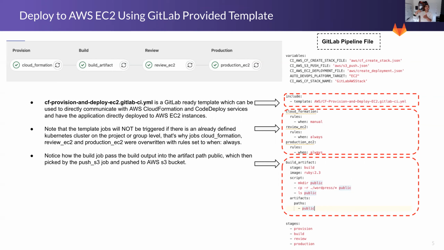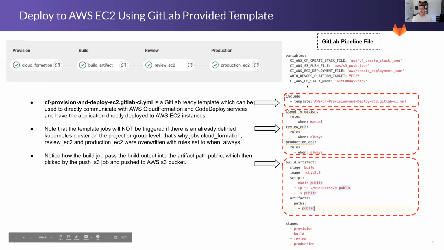All these steps will be automated, and all you need to do is provide the configuration files, right? How you want to create the infrastructure, the application, and the S3 bucket where you want to host your application, and then everything else will be automated. I'll give you an example.